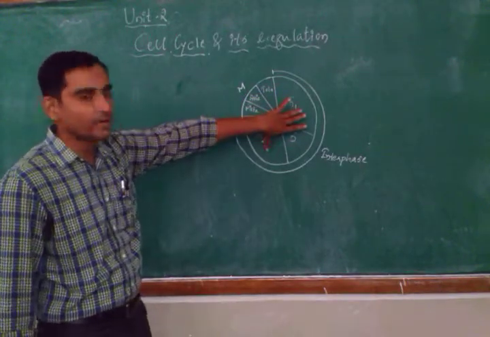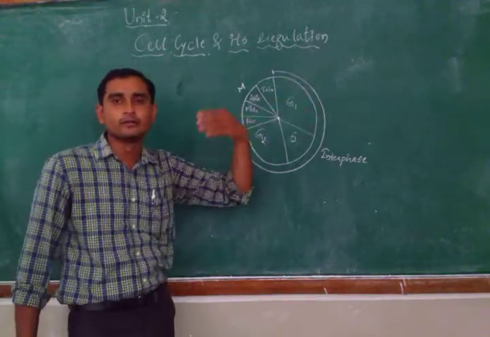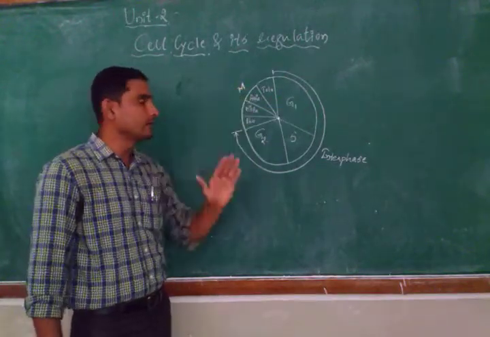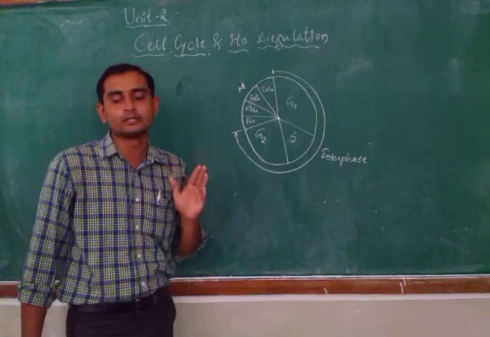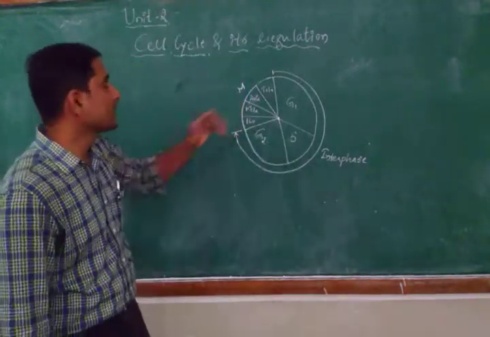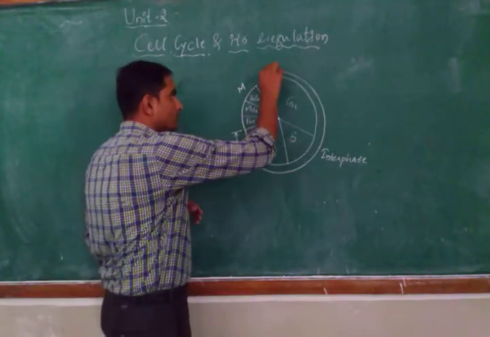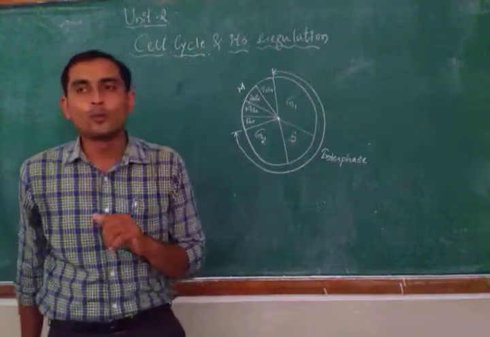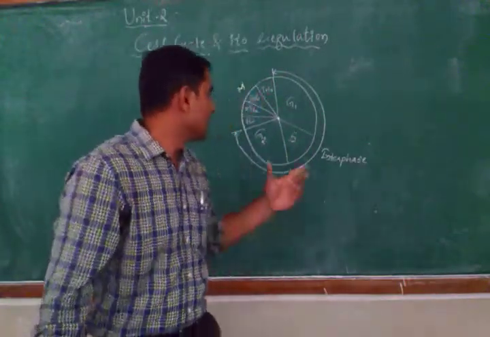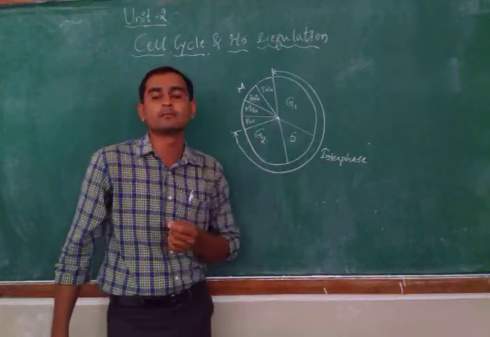So interphase is a preparatory phase of a cell for undergoing cell division, and M phase is a phase where the actual division of the nucleus as well as the cytoplasm takes place. As of now, what we have understood is that interphase is of very little importance and M phase is very important.